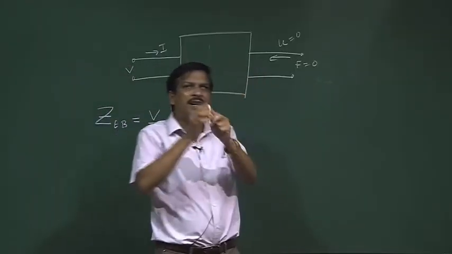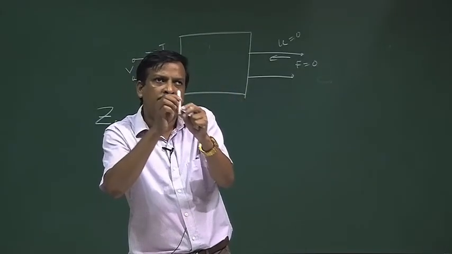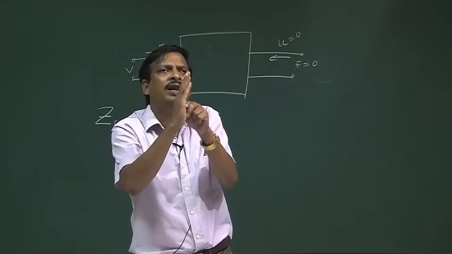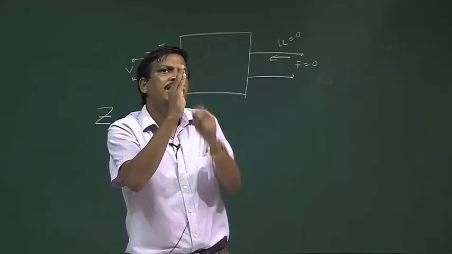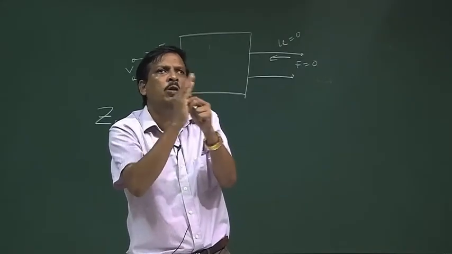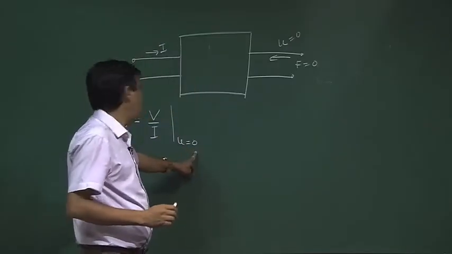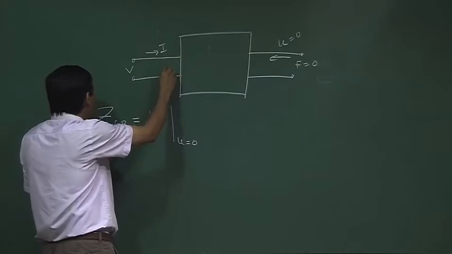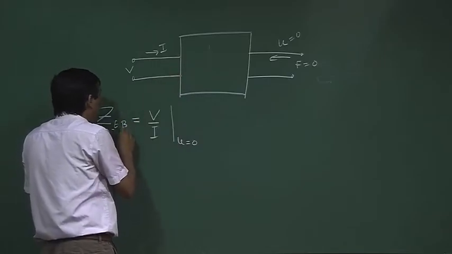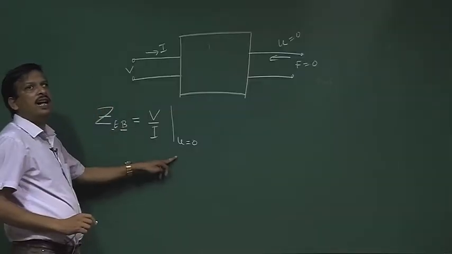Why? Suppose I have a mechanical transducer, and if I apply an electrical voltage, the diaphragm of the transducer will vibrate. Now, if I block that vibration, there is no motion of the diaphragm. So, that means U is equal to 0. Then the electrical impedance will be ZEB, the electrical impedance when the mechanical side is blocked, meaning no motion is allowed.